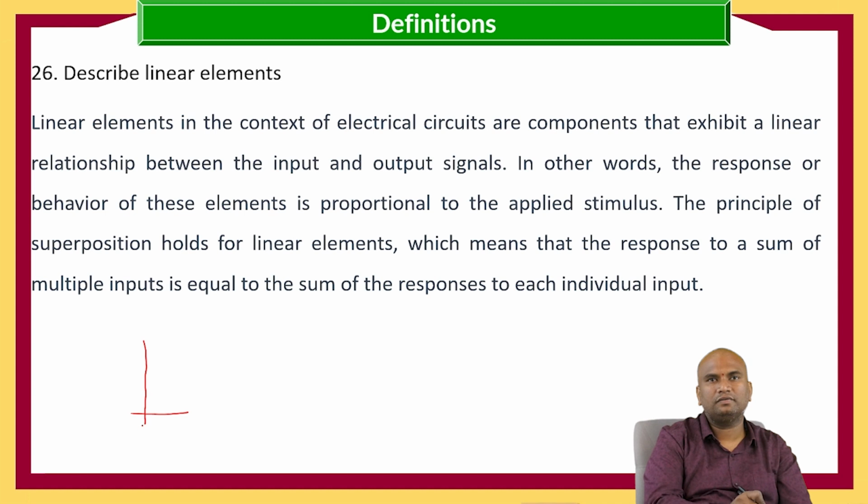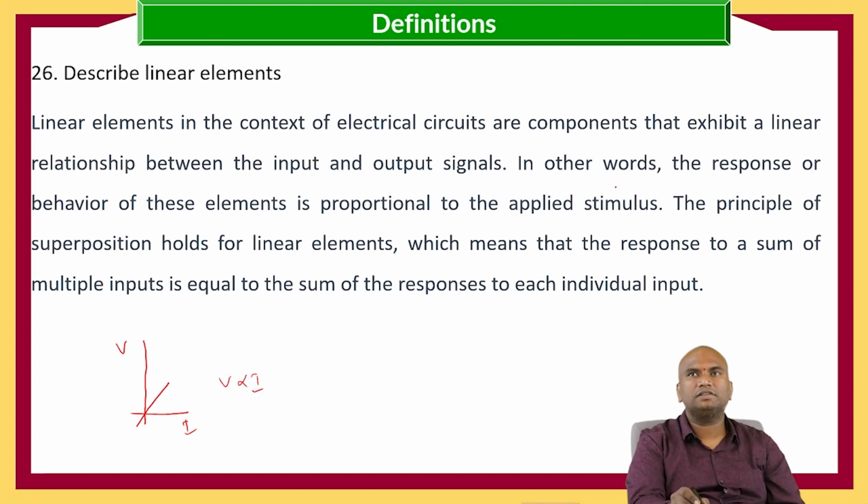That is, V is proportional to I. In other words, the response or behavior of these elements is proportional to the applied stimulus. The principle of superposition holds for linear elements, which means that the response to a sum of multiple inputs is equal to the sum of the responses to individual inputs.